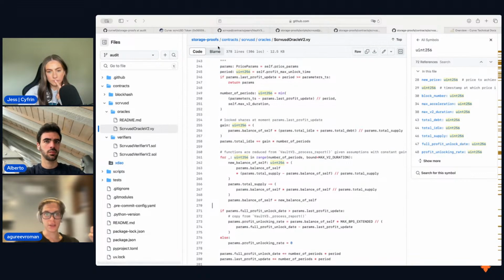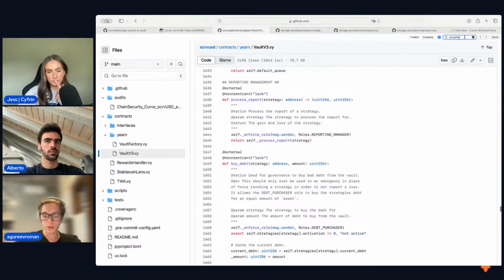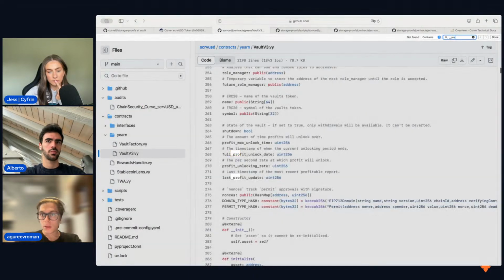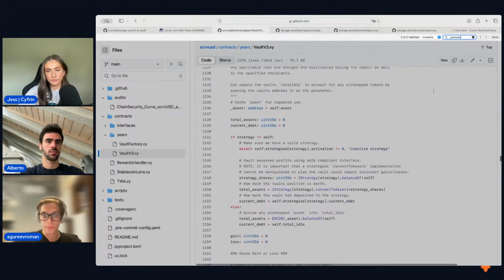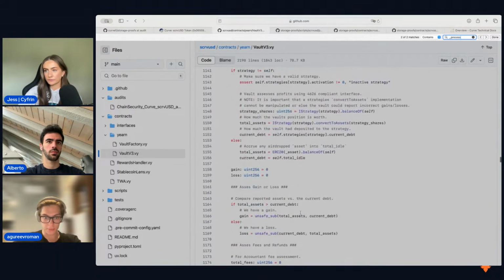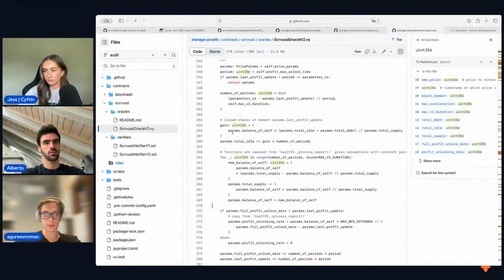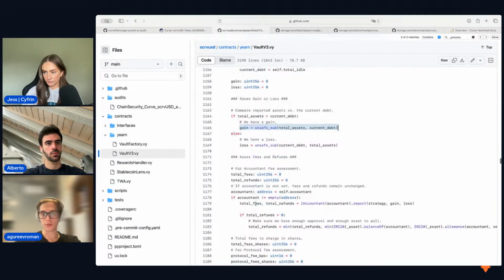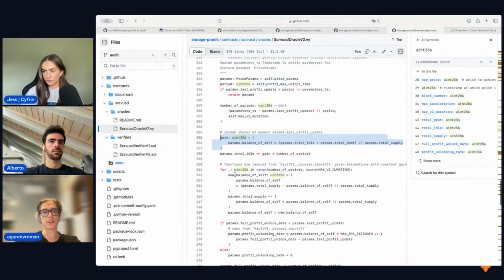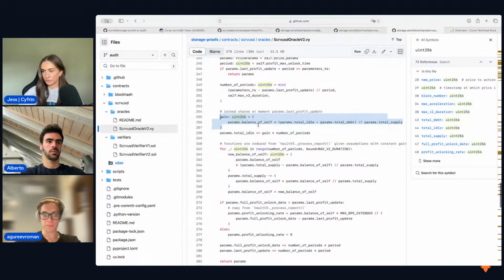I'll go into some details here. You can see in process report some variables like gain. This function was reduced from the calculations here with the assumption that gain is constant, and also no one is putting in money or withdrawing. We can assume this because the rate is more or less stable or just fluctuates a bit, so the error from it is not huge.